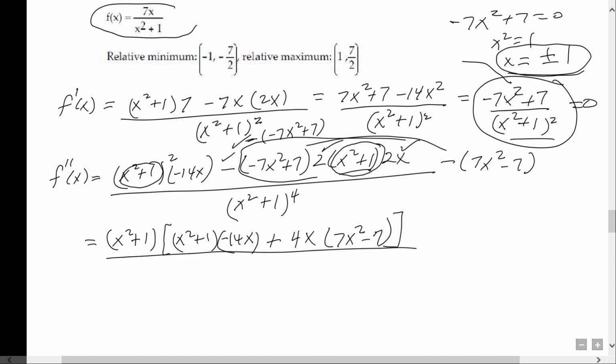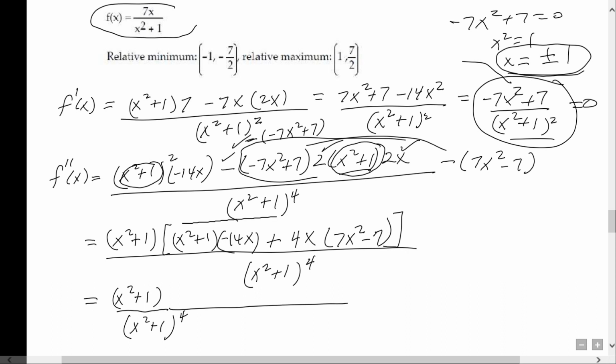Divided by x squared plus 1 to the fourth power. Now, multiplying this out, we get x squared plus 1, which of course is always going to be positive, to the fourth power in the denominator.